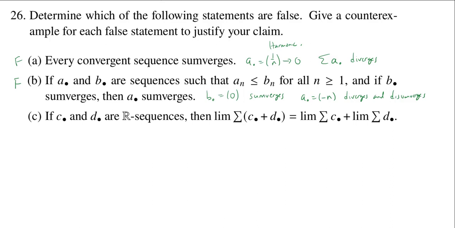If C and D are real sequences, then the limit of the series sum, right? So we're taking the series of a sum of sequences is the sum of the series. Okay, we're basically saying if I take a series that consists of a sum of two sequences, can I break it apart and evaluate the limits separately? And that's one of our limit laws, right?